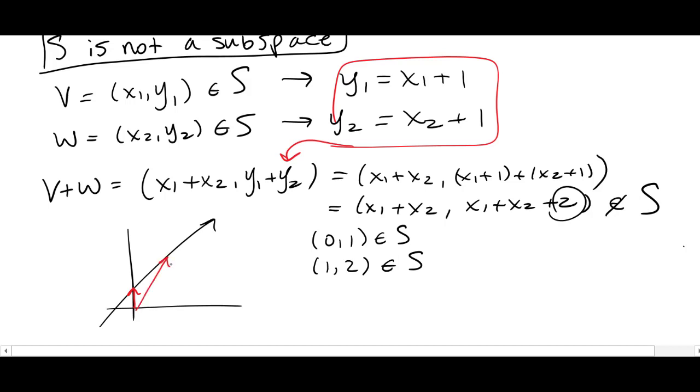But when I add these two vectors together, you would get that vector, which is not on the line. So if you add these together, you get 1, 3, which is not on S.